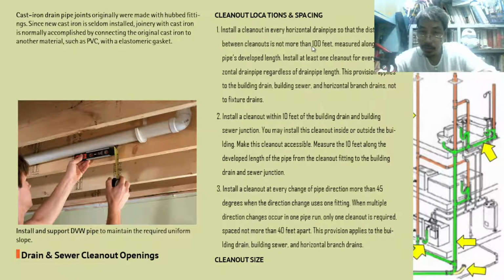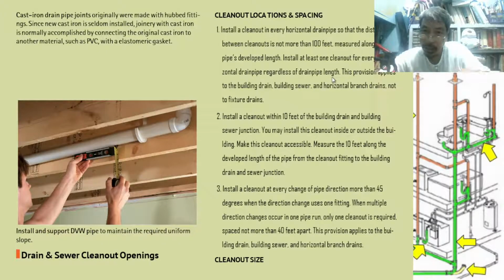Okay, so it is better to have more clean out. So that you have more provision, more flexibility for what? Maintenance and cleaning. Okay. So install at least one clean out for every horizontal pipe drain. Okay, regardless of pipe length.